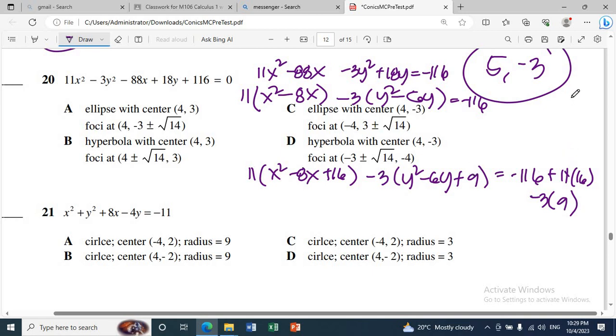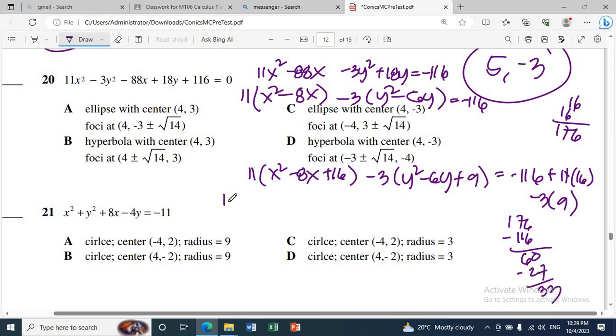So if we simplify this, 11 times 16 is 176. So we have 176 minus 116, that is 60. Negative 3 times 9, this is negative 27. So minus 27, we are left with 33.